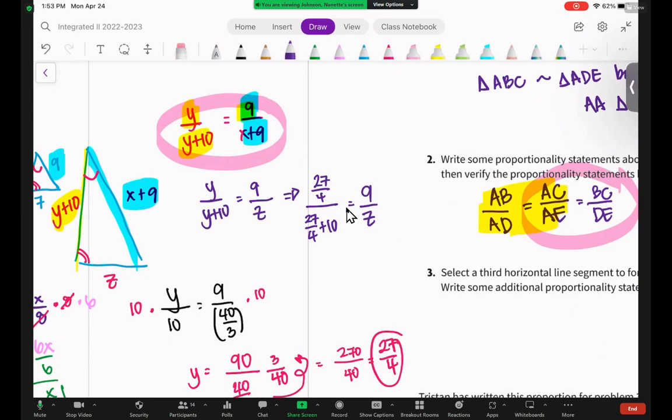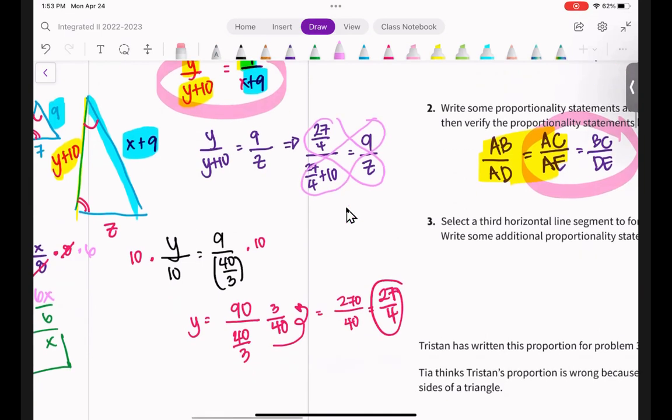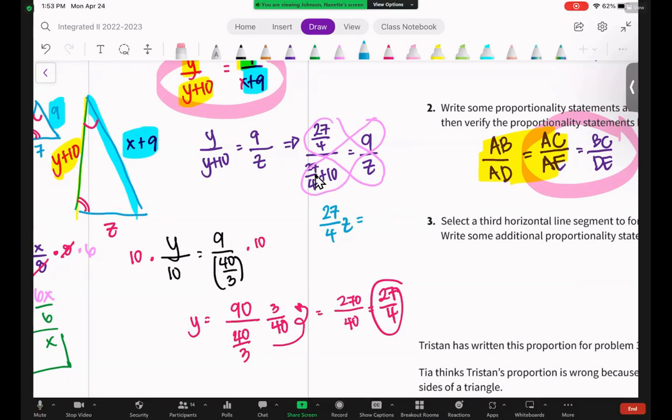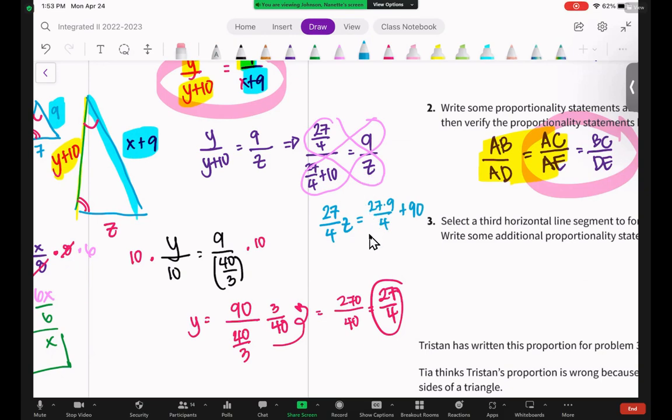So let's see. I'm going to remind you how to cross multiply. Cross multiplying is multiplying this guy times this guy and this guy times this guy, in case you don't remember that. So over here, we have 27 over 4z equals, and I'm going to multiply this out, 27 times 9, whatever that is, plus 90, right?